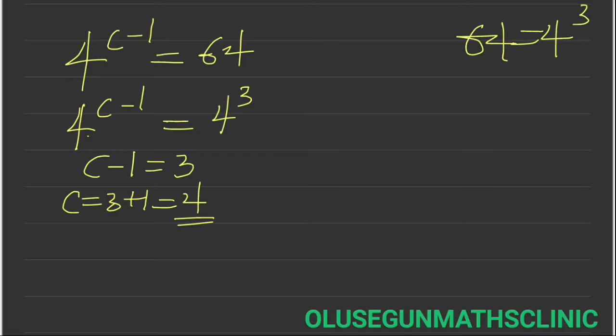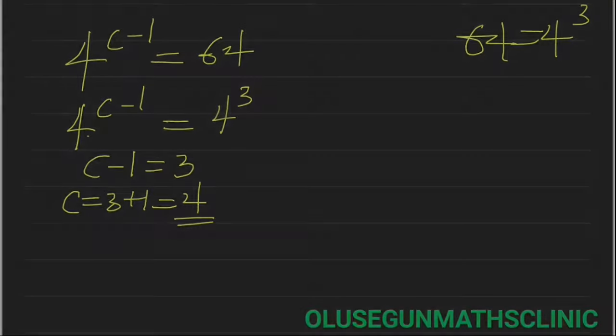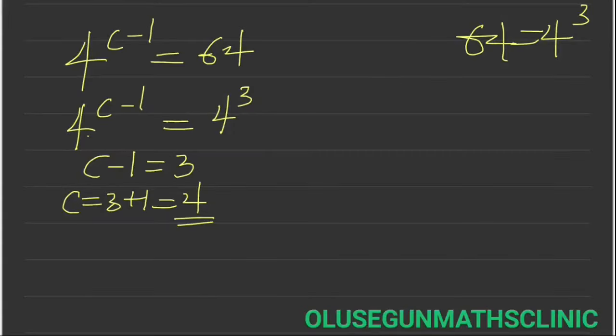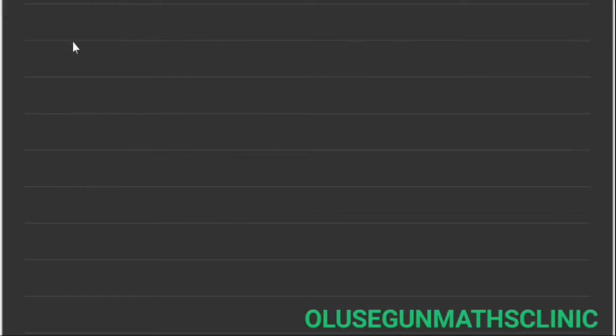So let me have another example. Let's have an example like 2x raised to the power 3 is equal to 54. Naturally, what you do is you try to reduce sometimes.